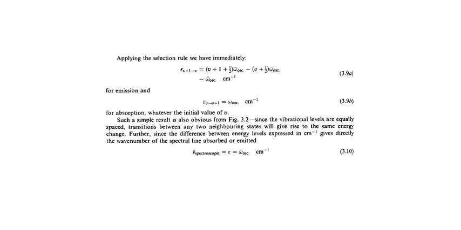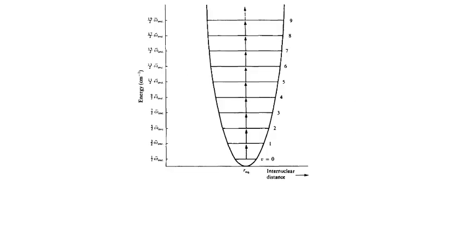Now you can see that the difference in energy is independent of v, isn't it? So for all the possible transitions, that is from 0 to 1 or 1 to 2 or 2 to 3, for all these transitions, the energy difference is the same. Why? Because there is no dependence whatsoever on v.